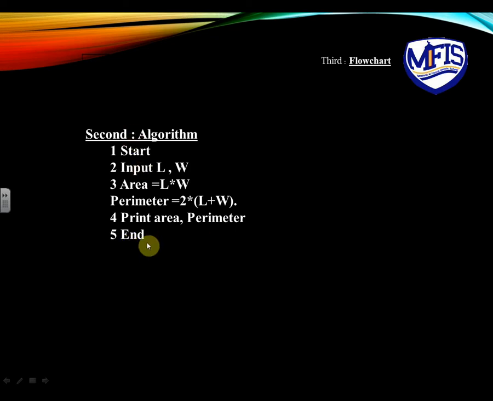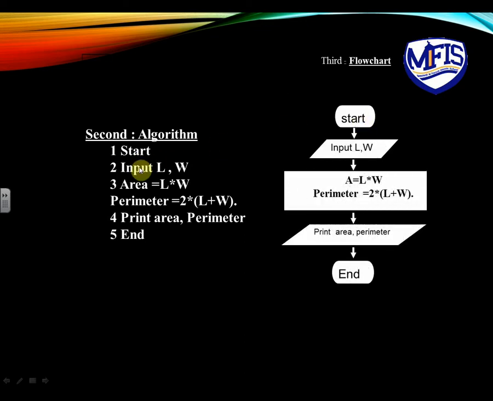How can we represent the algorithm? We can represent the algorithm, as we said before, by a flowchart. What is the shape that represents the start? Oval shape. Input and output, both we can put in a parallelogram.